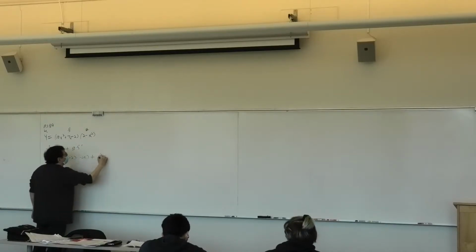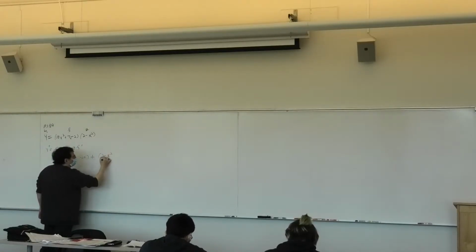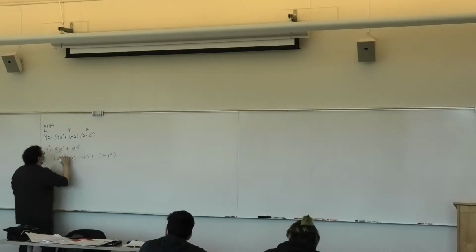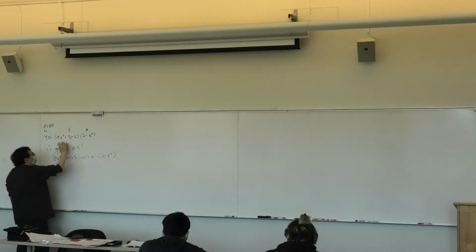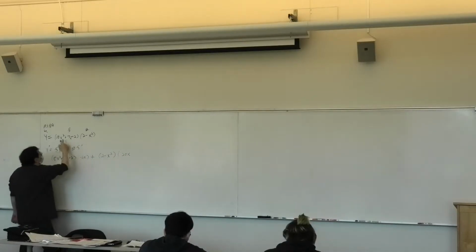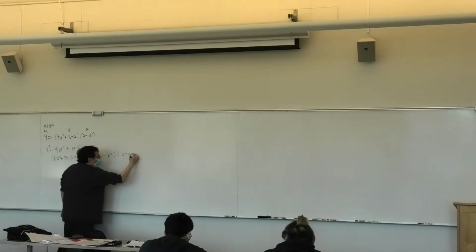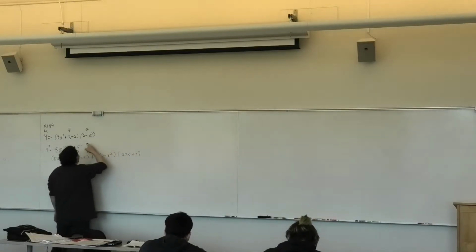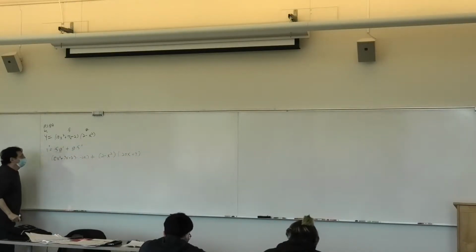G is, of course, 2 minus x squared. And now again, you should be able to just rattle this off. 10x squared, well, derivative of x squared is 2x, so we have 20x plus 7x, that becomes plus 7, and the 2 becomes 0.